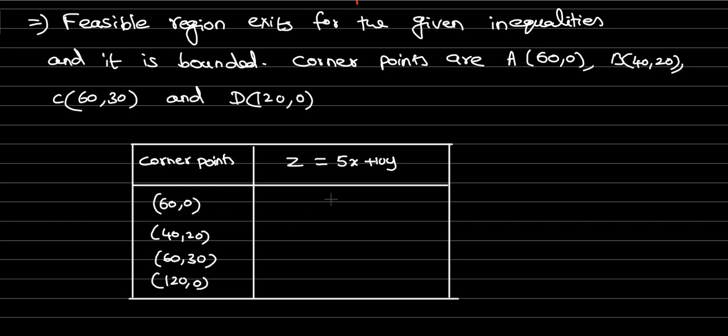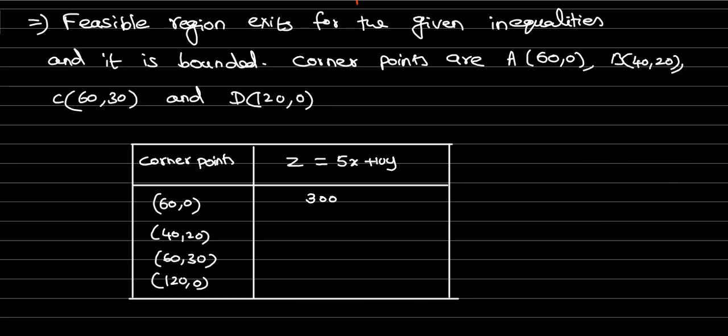Now all these points we are going to substitute in Z to get the value of Z. 60 comma 0, if we replace, 5 times 60 plus 10 times 0. What will we get? 300 plus 0, which is 300. On substituting the first point, we are getting the Z value as 300.